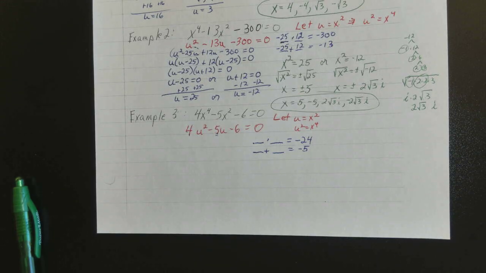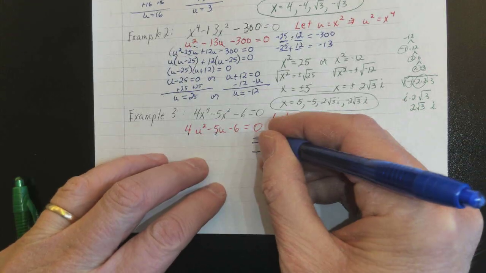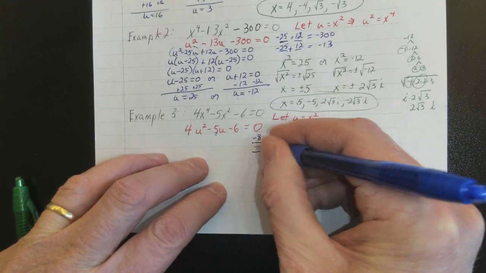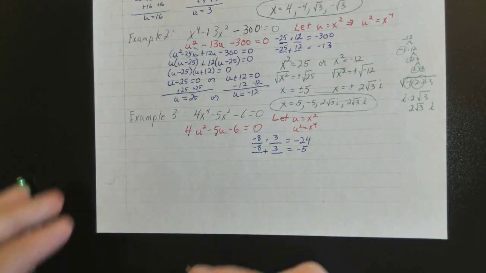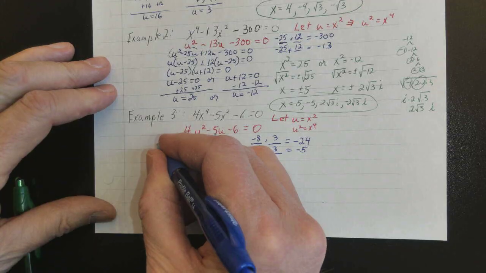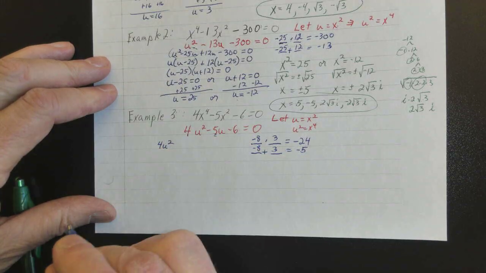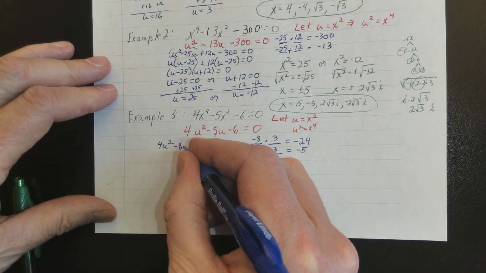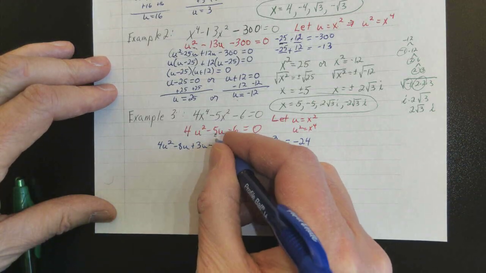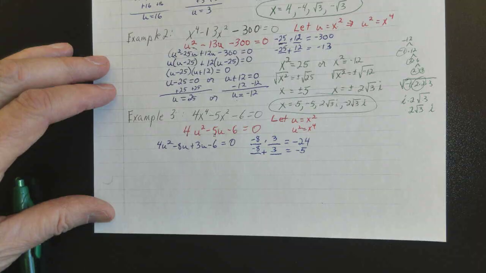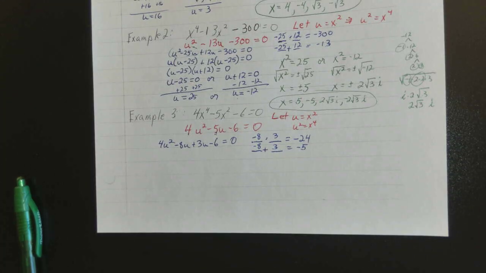What you got? Tell me. Nice. Okay. Let's set this up. 4u squared minus 8u plus 3u minus 6 equals 0.